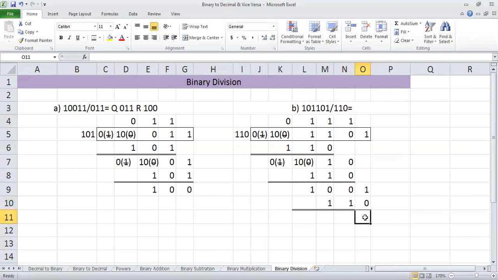Do the subtraction. 1 minus 0 is 1. 0 minus 1 is not possible. So it will take a borrow from the next number. And it will become 10. Because this is already 0, it will become 1. First it will become 10, but when 10 will also give a borrow to the next number, it will become 1.